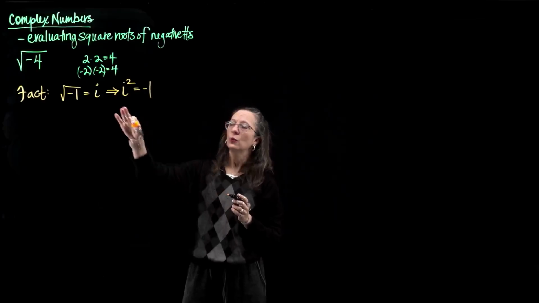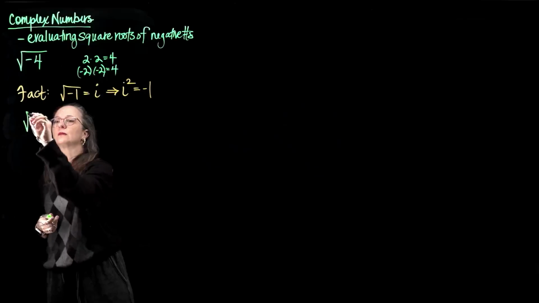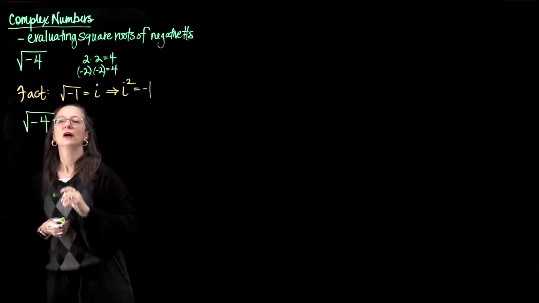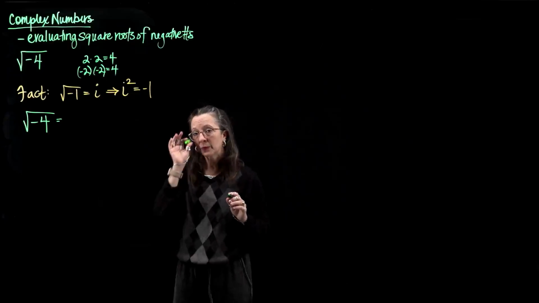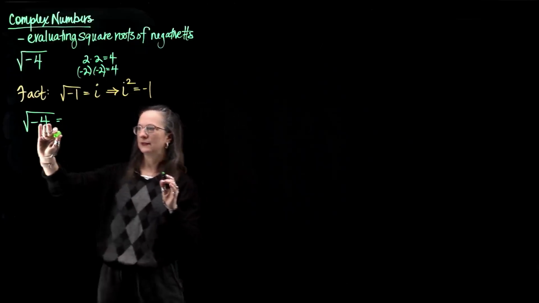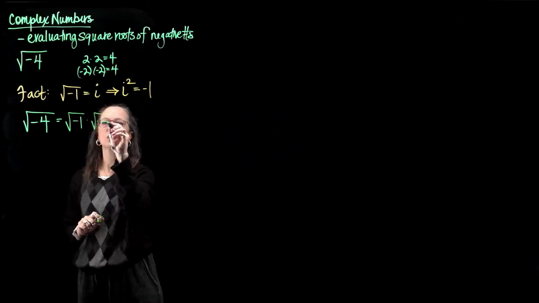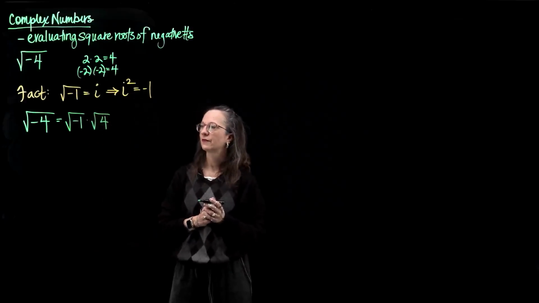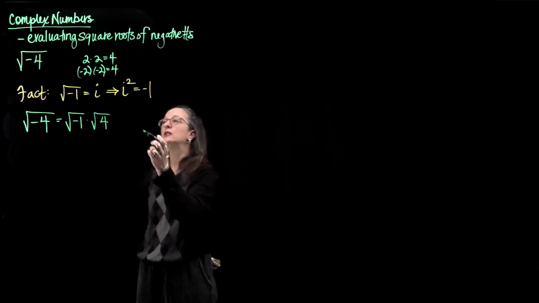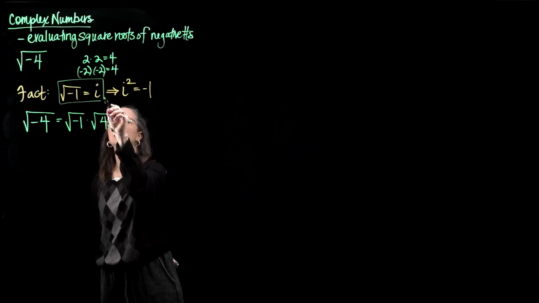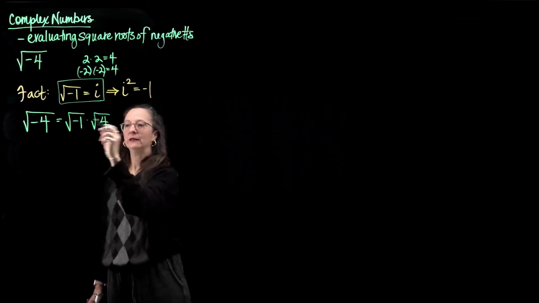All right, so we can apply this going back to my first example of square root of -4. So remember, we can split up square roots. If it's -4, I can rewrite this as the square root of -1 times the square root of 4. And in place of the square root of -1, I'm going to use this cool fact right here, and write i.